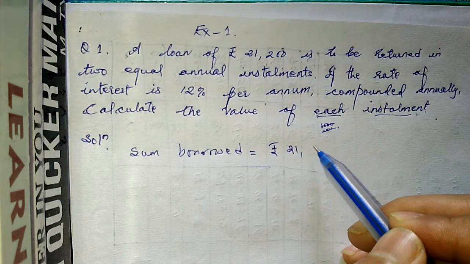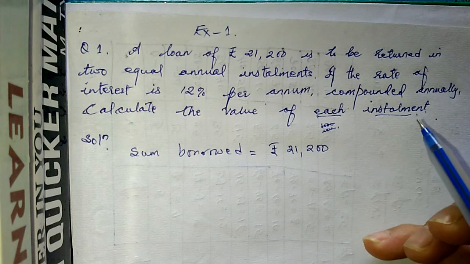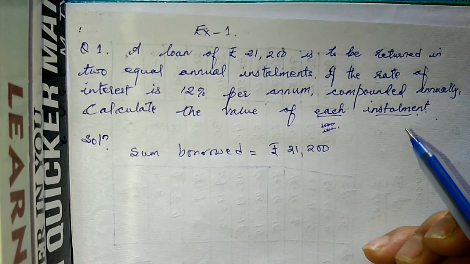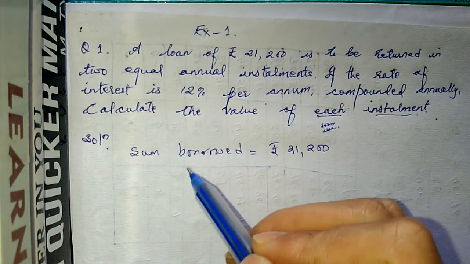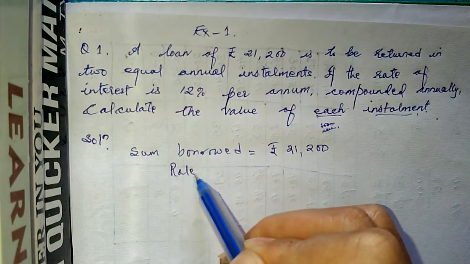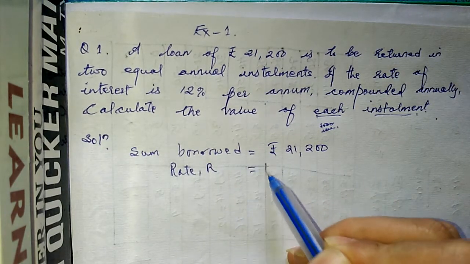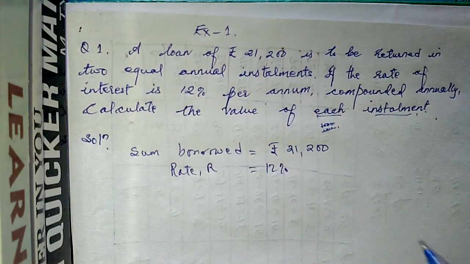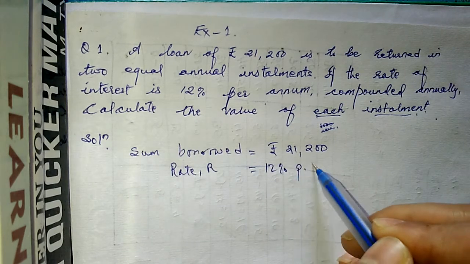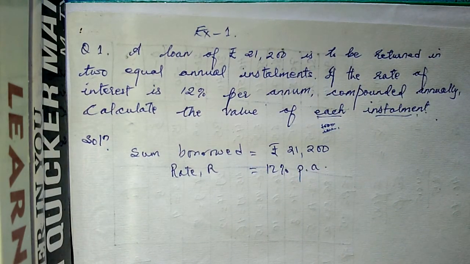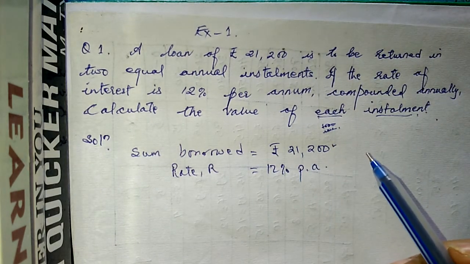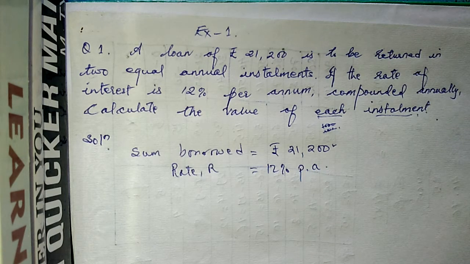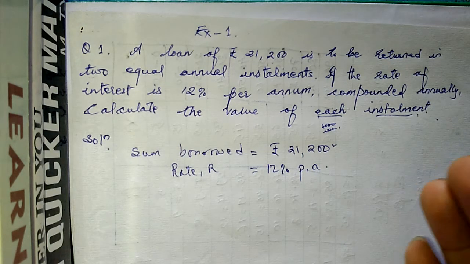Then the rate of interest is given, rate R, let's say R is 12%, compounded annually, per annum. These two are given. We have to pay this money in equal annual installments. Annual installment means each year you have to pay a certain amount of money. That money we have to find out.